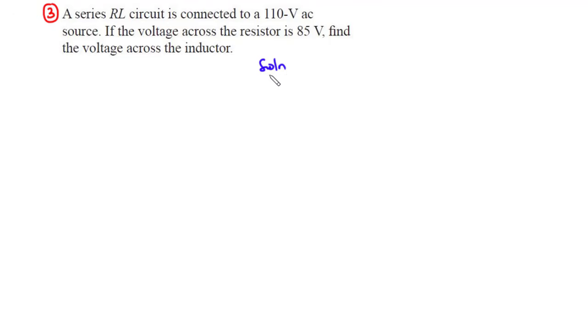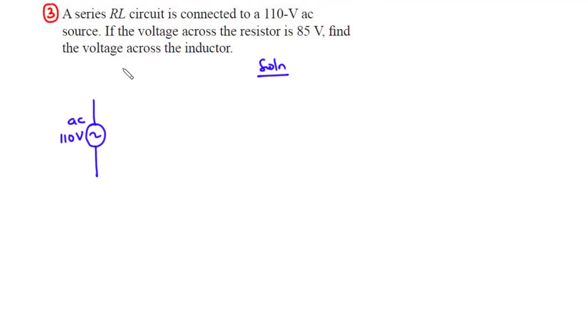So how do we solve this example? Now let's represent the information given in a circuit. So we have the source voltage to be a 110 AC source, 110 volts. And then we are told that the voltage across the resistor is 85 volts. And we are going to find the voltage across the inductor.